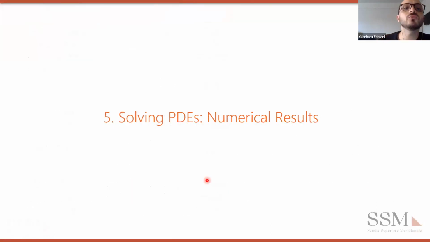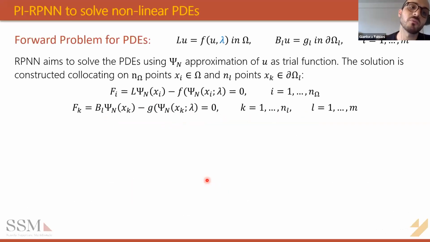So let's see some solutions of PDEs, the steady-state problems. In this case, we are considering steady-state problems that also depend on some parameter, so that we can see different steady-state solutions. We are using a random projection neural network as trial function of the problem. We locate points in the domain, but also on the boundary, and we get a set of algebraic equations in terms of the weights of the neural network.